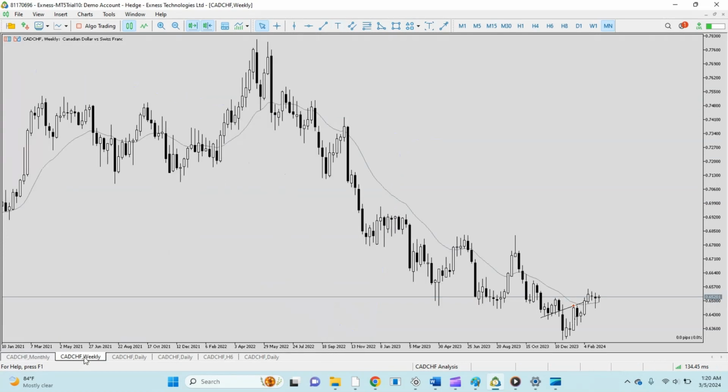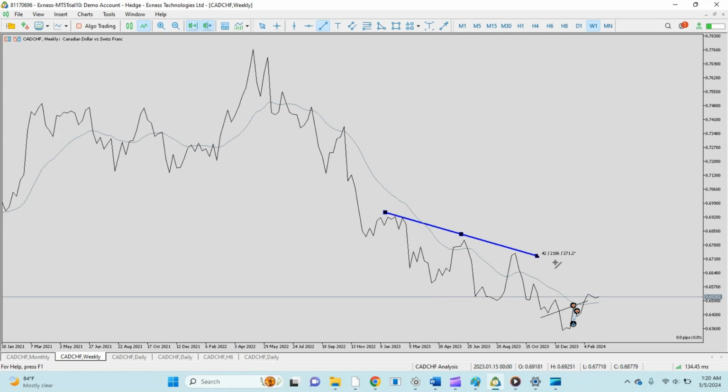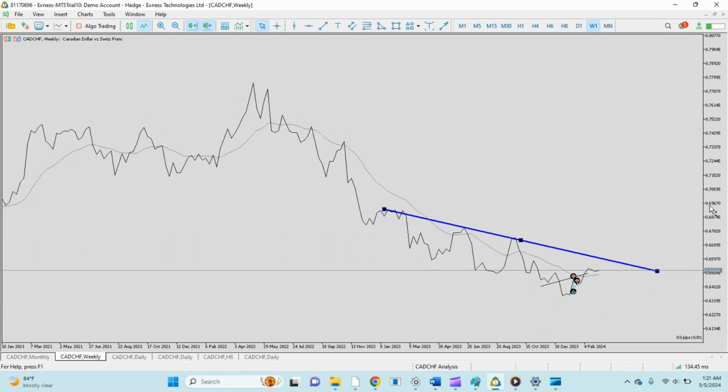So let's check the weekly. The market is in the middle of this trend line, so we are going to wait for the market to trade at the extremes.